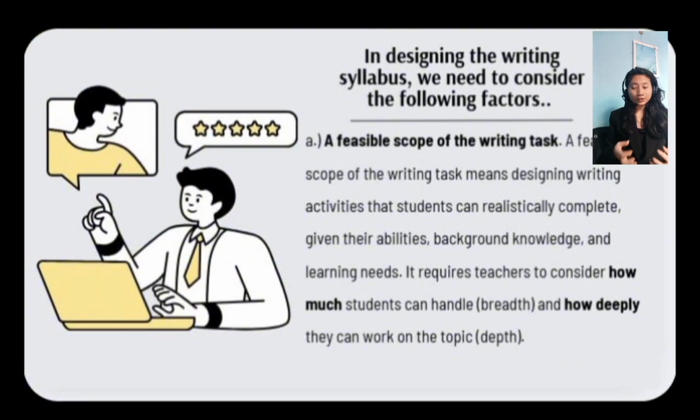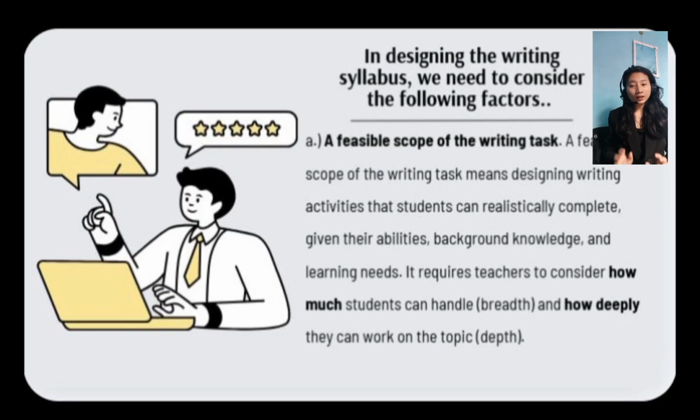For example, if the students are beginners, the teacher should consider the needs of beginner students. For example, a task like describe your favorite food. That is the first, basic question for the beginner level. For intermediate level, the teacher gives a writing task that intermediate students can handle, for example a short paragraph essay.